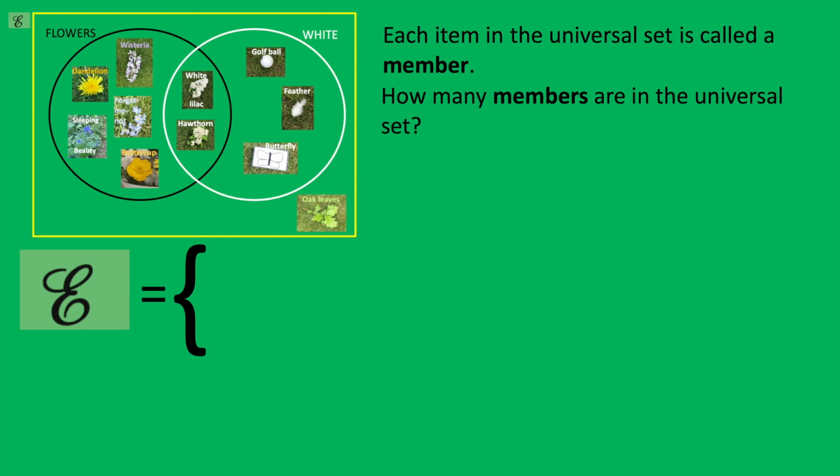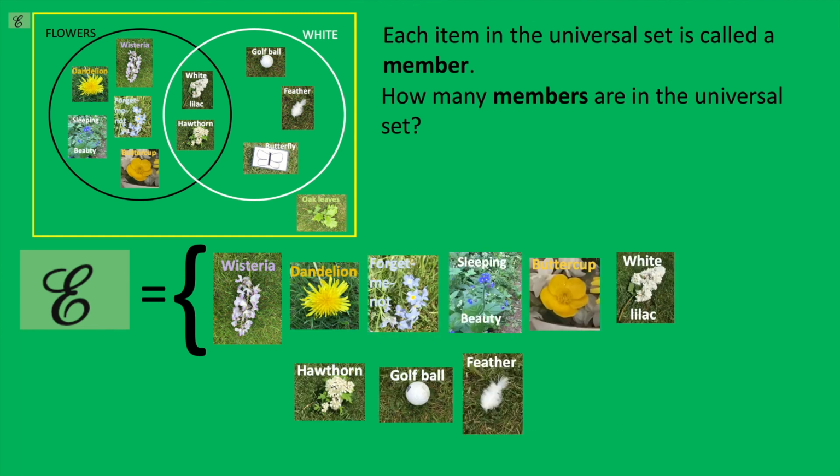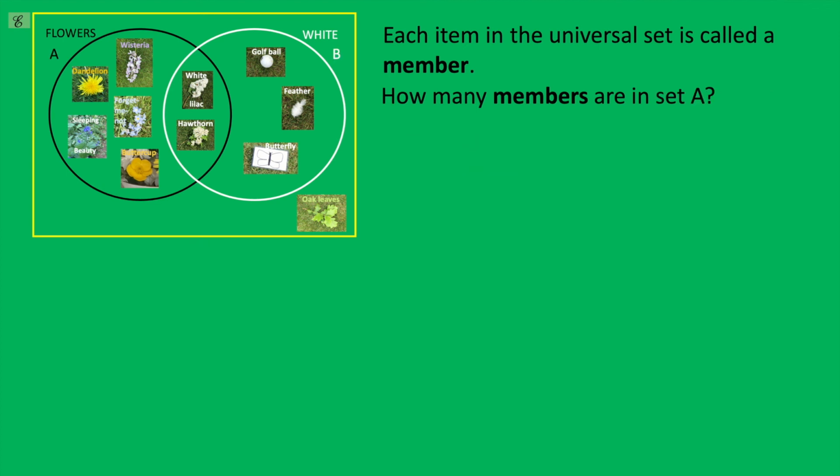I'm showing them all here. It's 11. Notice the use of the curly brackets to open and close the set. How many members are in set A?